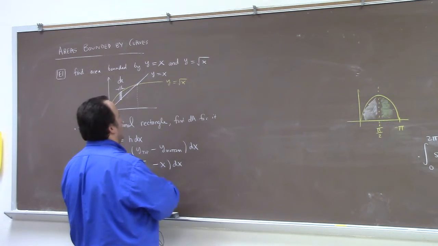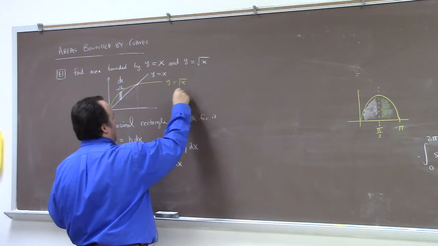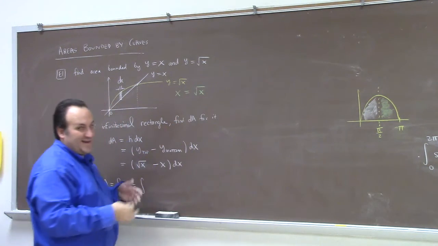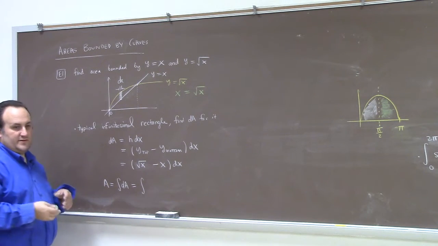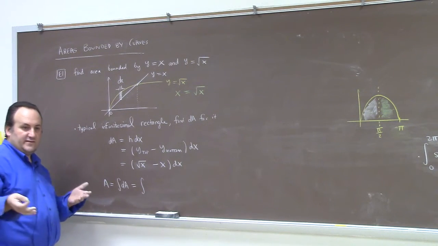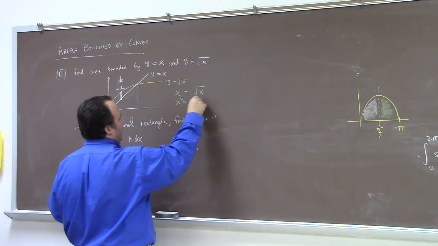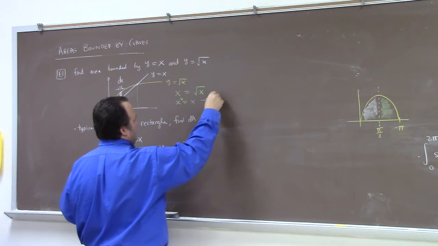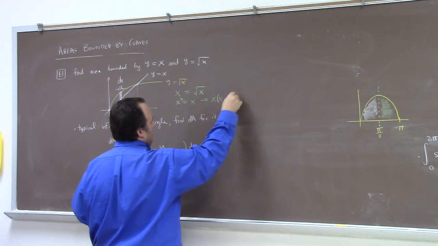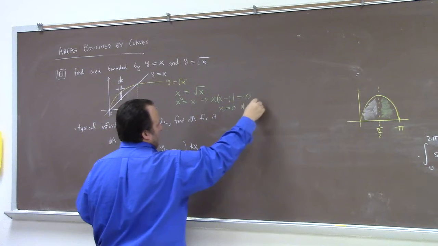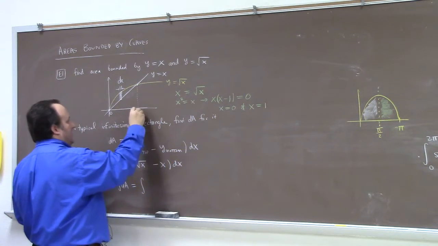Very good. There's a chance that you were just going to tell me the answer, so I'm glad that didn't happen. I mean, you could guess the answer here. So how do you solve that equation? Square both sides, yeah? That tells me that x times (x minus 1) equals 0. It has solutions x equals 0 and x equals 1.